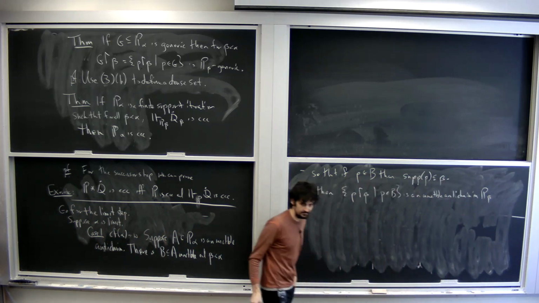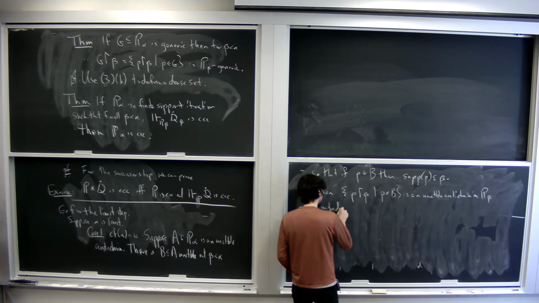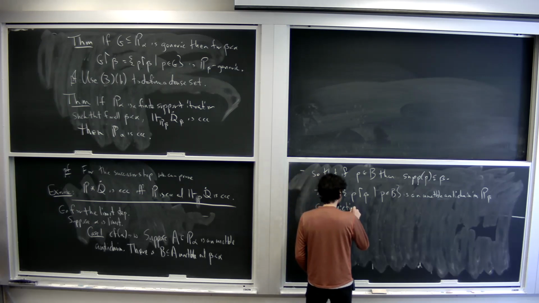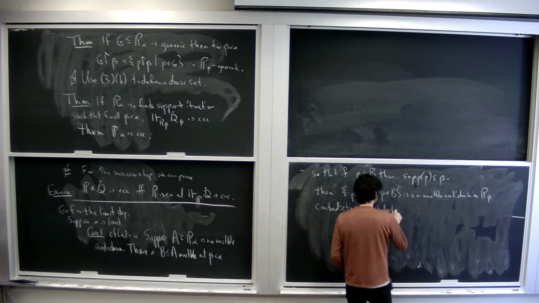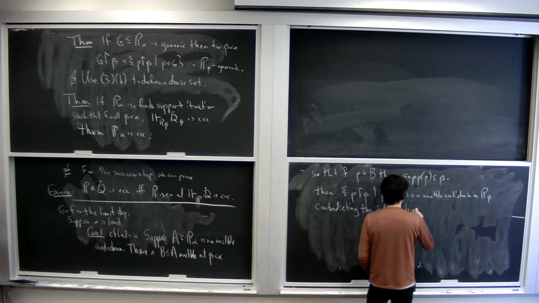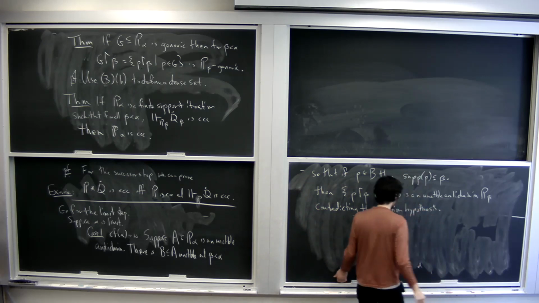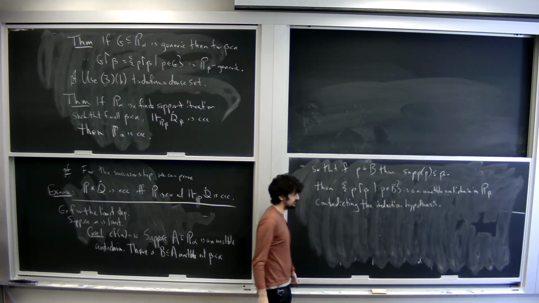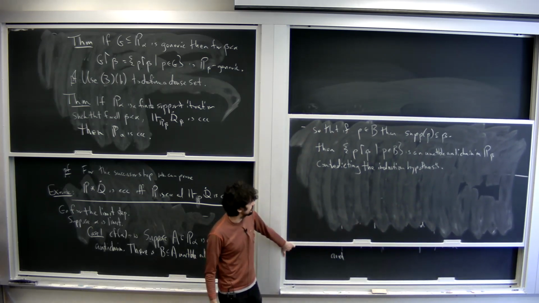Okay, contradicting our induction assumption. The induction hypothesis is that P beta is CCC.